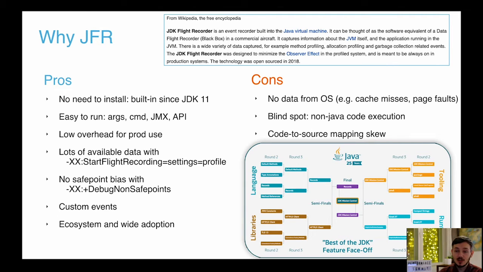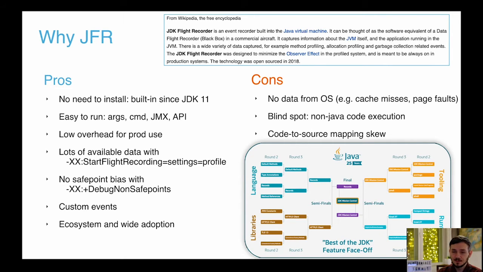So the pros coming from it are that there is no need to install anything at all, it's already built in. Starting from JDK 11 it's already there, but even if you are using JDK 8, it's there. It was backported in version 262 like a year ago or so, so it's very easy to run.